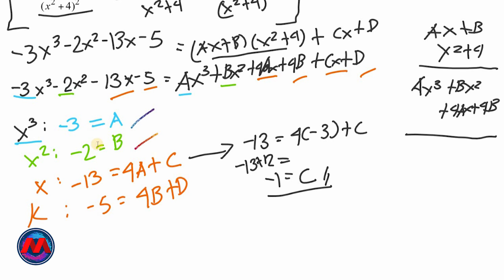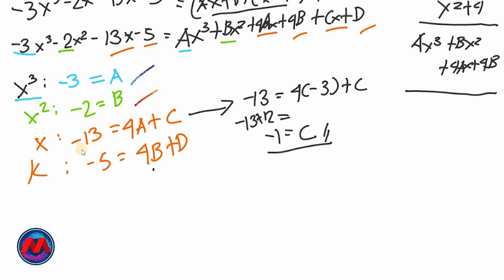Ngayon, hanapin naman natin yung d using this equation, using b. So, negative 5 is equals to 4 times b, ang value ng b natin ay negative 2, plus d. Alright.